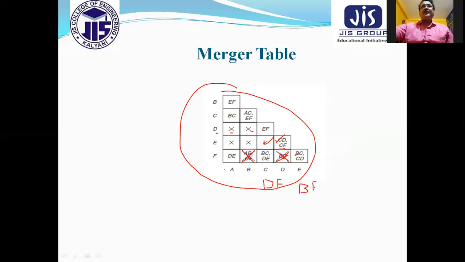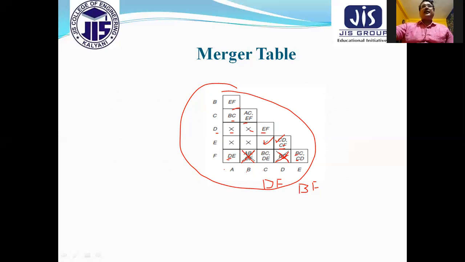You have to check whether BF occurs in any place. No, it is not occurring there. Also check whether the pair BE occurs in any place. BE is not occurring as an implied pair there, so we are not going to cross this one. We have to cross only this one.